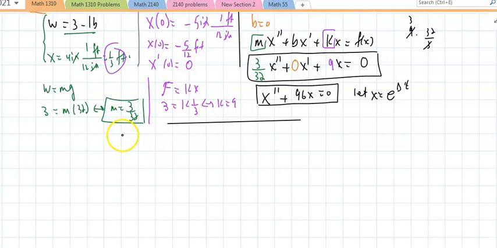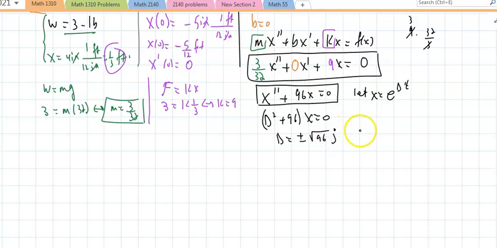I will get d squared plus 96 x equal to 0. So d would be plus or minus the square root of 96 i, or j, this looks like j. X equals 0 is useless. So d would be plus or minus, this is 16 times 6, 4 radical 6 j.